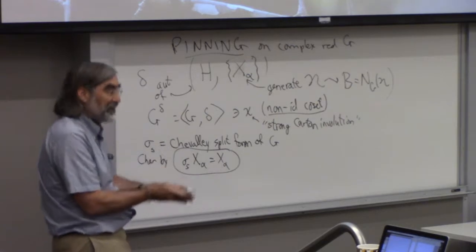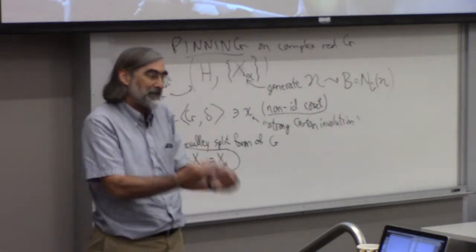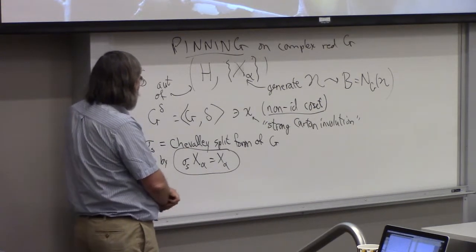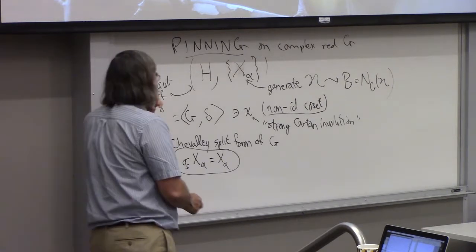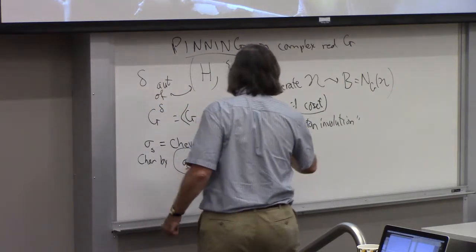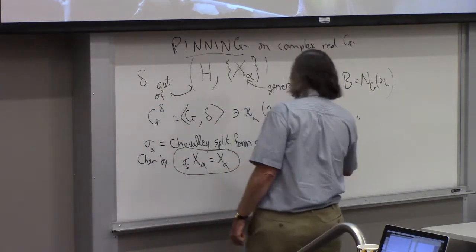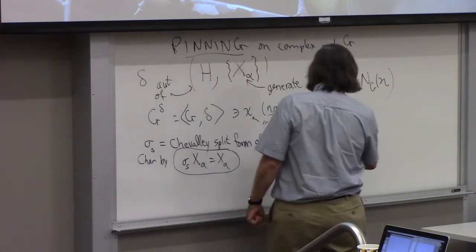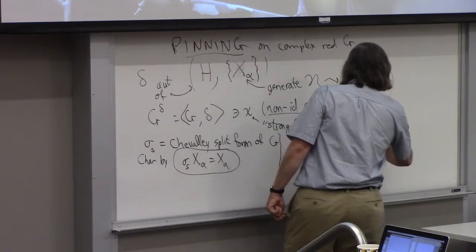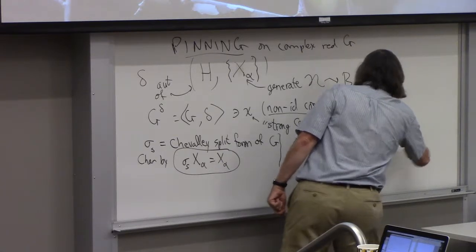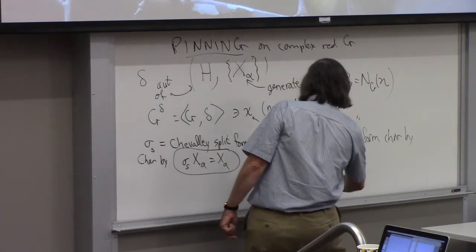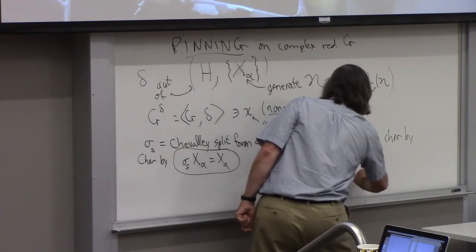That defines, once we have this pinning, a particular real form of G. And actually, this isn't the one that I want. Sorry, I should make sigma Q. This is a quasi-split form, and it's characterized by sigma Q of X alpha is X delta alpha.